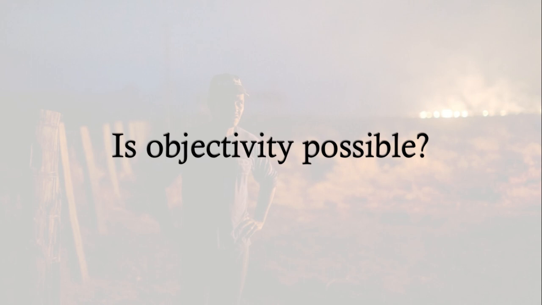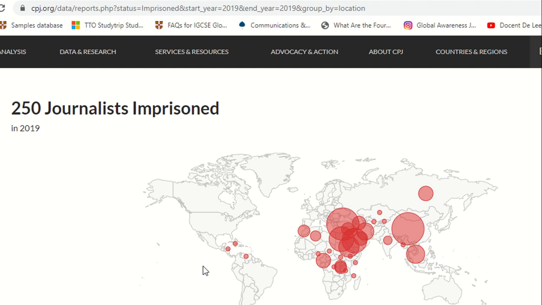All in all, is objectivity possible? It becomes a nightmare. For instance, looking at Brazil, journalists face problems over there, just like they're facing that worldwide. Wait a minute. There are lots of imprisoned journalists around the world, but we don't see any reports in Brazil.